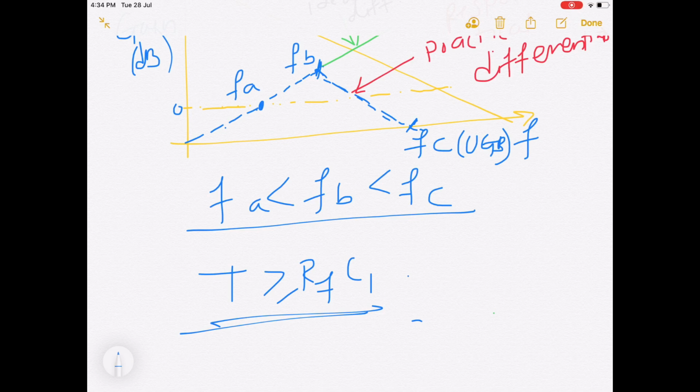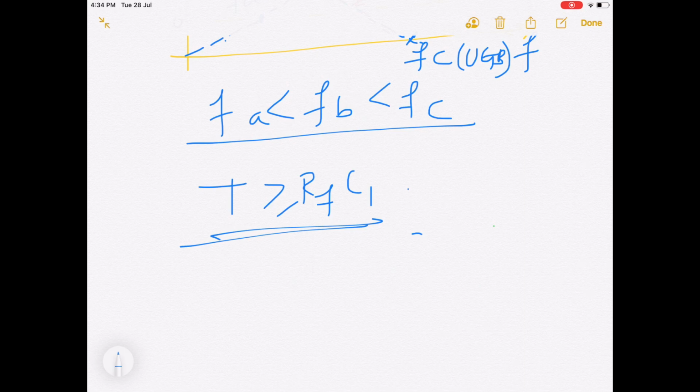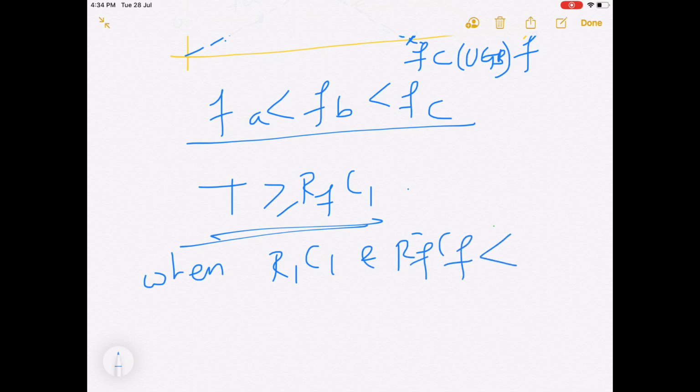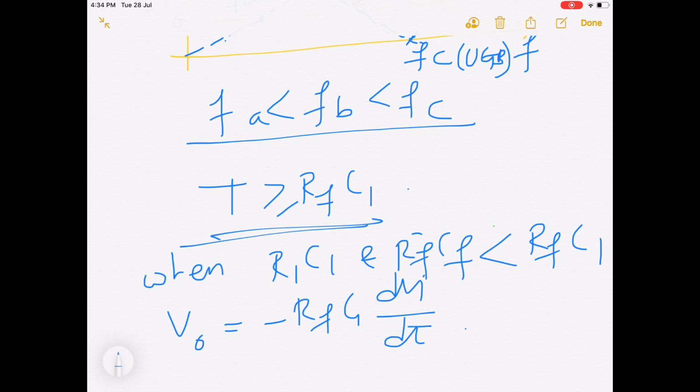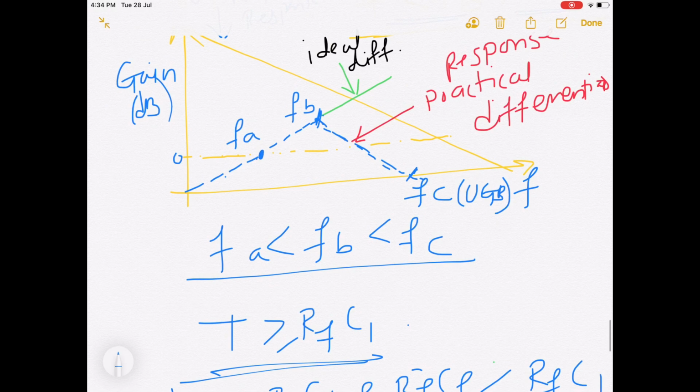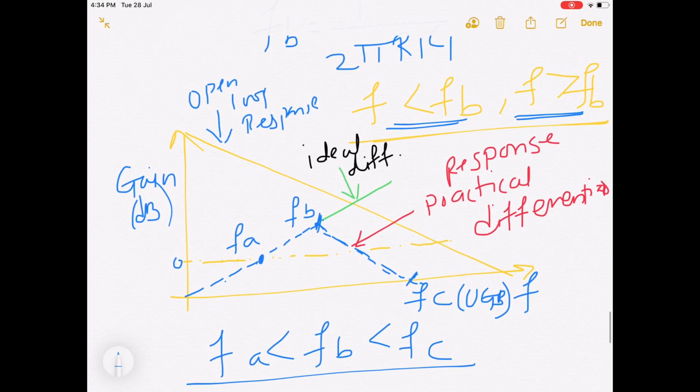One more condition is that when R1 C1 and RF CF are much less than RF C1, then our final equation will become VO is equal to minus RF C1 dVi by dt. So, this is ideal.